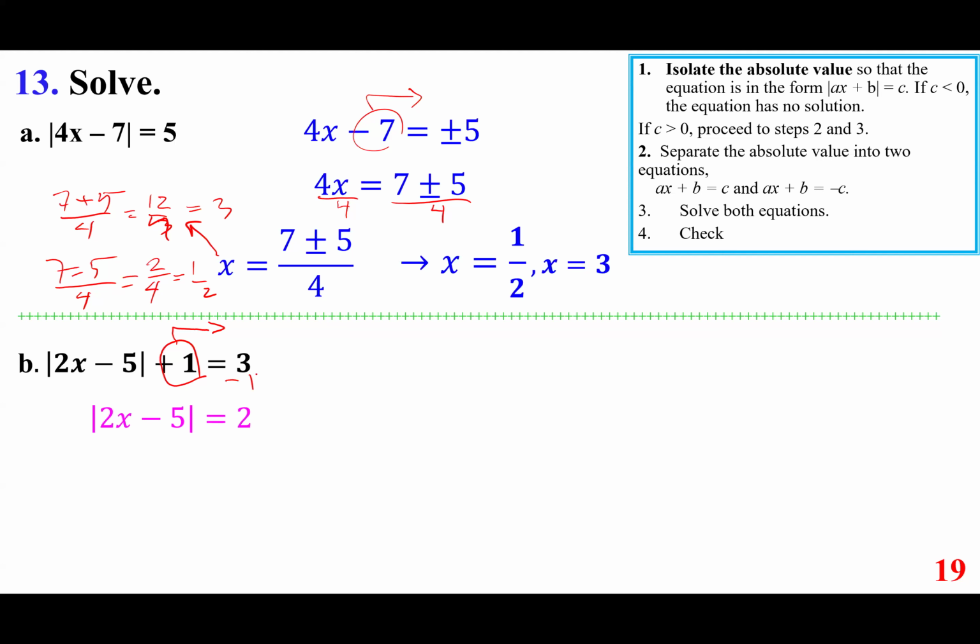And just like before, let's cut it into two equations. 2x minus 5 equals plus minus 2. Move the -5, which means add it to the right side.